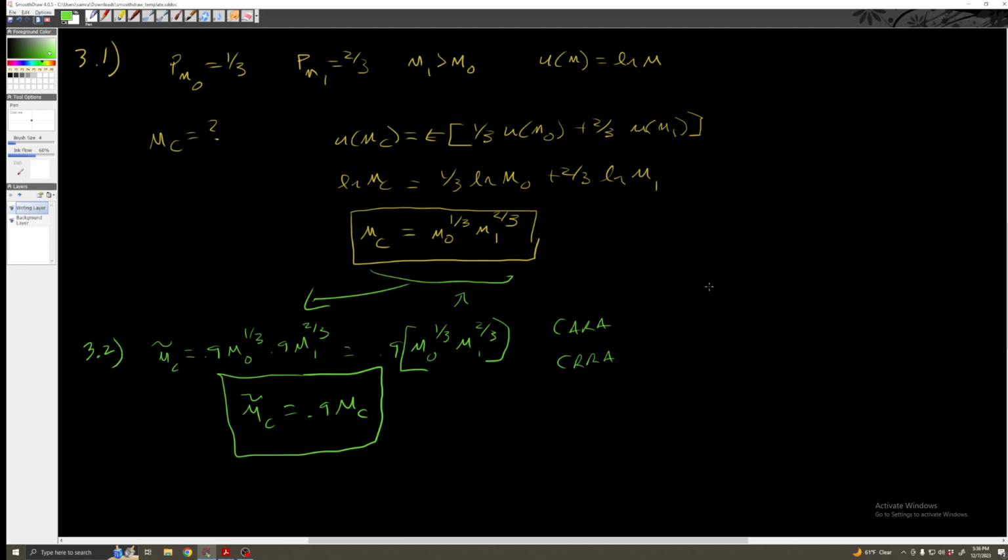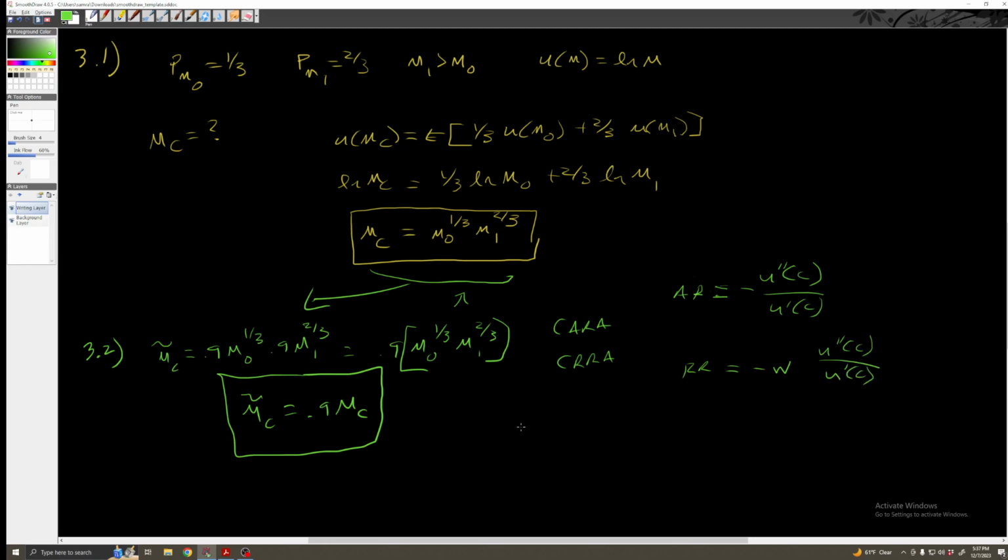Just as a reminder really quickly, the absolute risk aversion parameter, that's just, I forget the notation that we used, but you can look it up on the slides. And the relative risk aversion parameter is almost exactly the same. We're just multiplying by the wealth term.